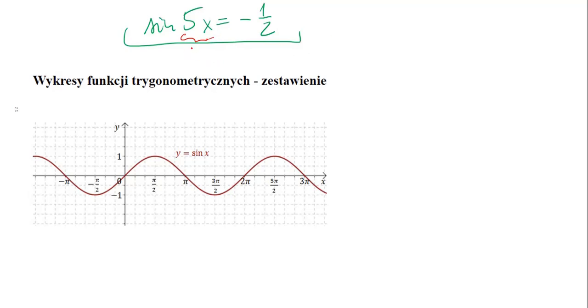Let's substitute t as 5x, okay? First let's look at t. Let's find all the points between 0 and pi, because this is our interval, right, from 0 to pi. And let's find all the angles which have negative 1/2.